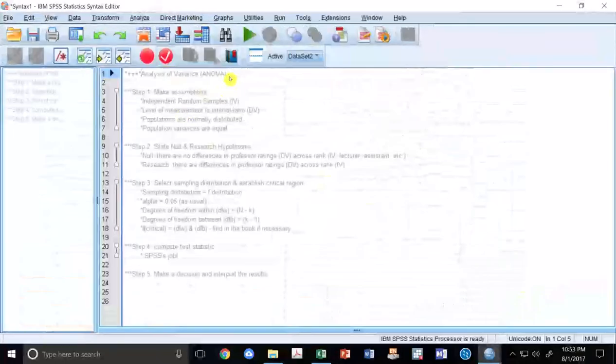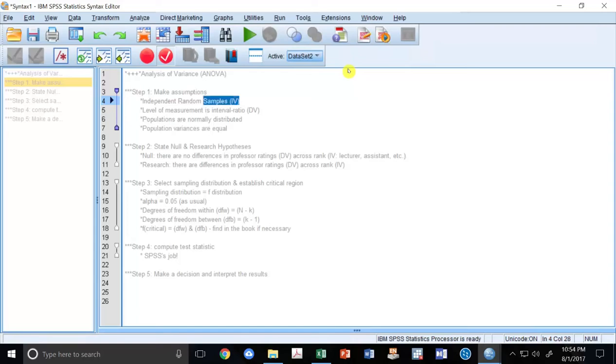So ANOVA, first we have to make our assumptions. And as per the usual, these are just the assumptions that we make. There's nothing we can do about these. In ANOVA, the one thing we can do is know that we're using the right variables in the analysis.